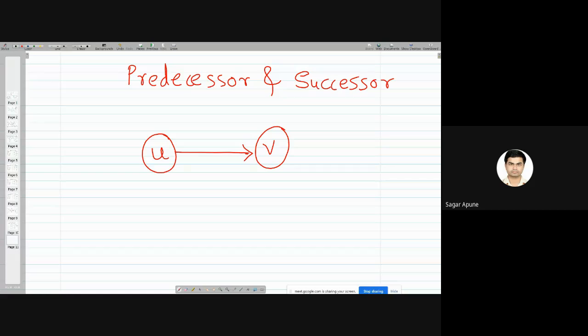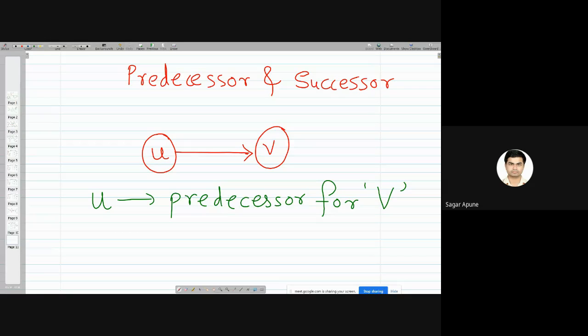Because the direction is from U to V. So V is reachable from U vertex. So my U vertex is predecessor for V vertex.